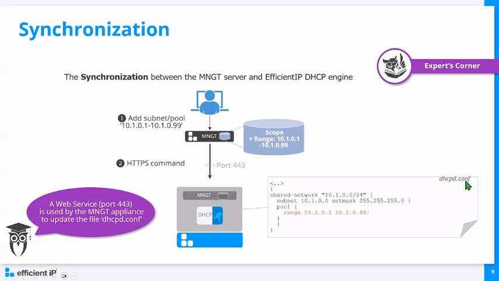So that's why you can see the DHCP daemon conf file will be updated with the scope. So this will be the configuration of the DHCP engine now, so that the scope is available on the network to serve the clients on the network.